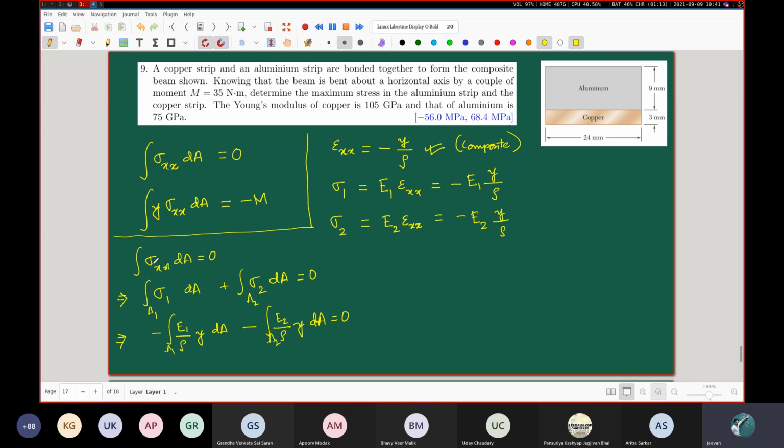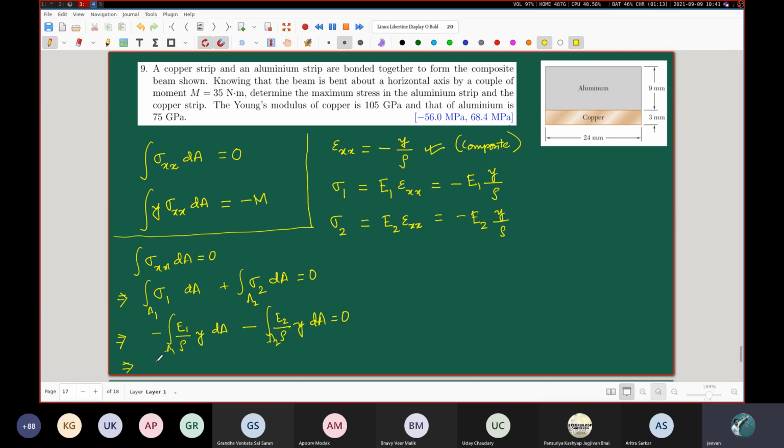When we go back to this thing, if we were to write some kind of a generic expression involving the Young's modulus, then of course that Young's modulus is dependent on y, because there are different materials. Now for this, E1 and E2 are constant for these two individual integrations. The rho is a perfectly constant entity for the entire cross section.